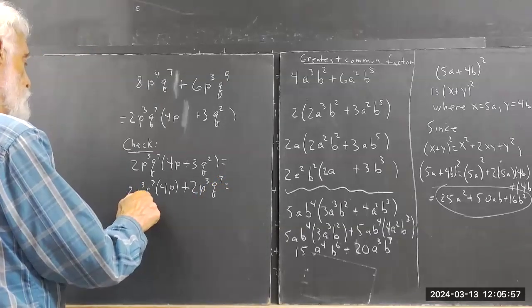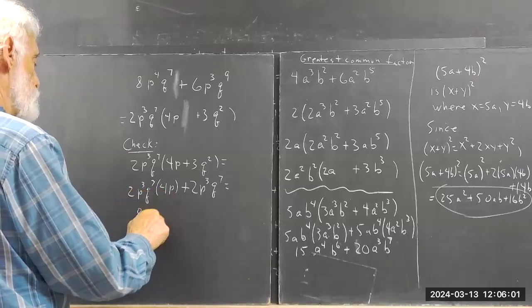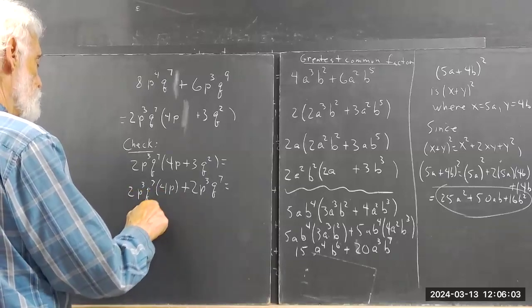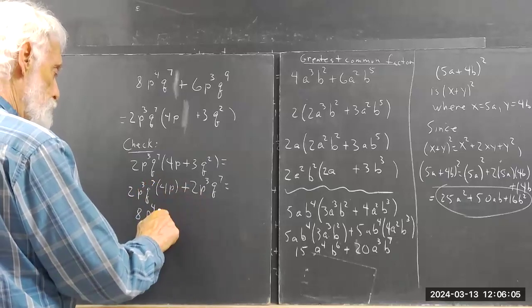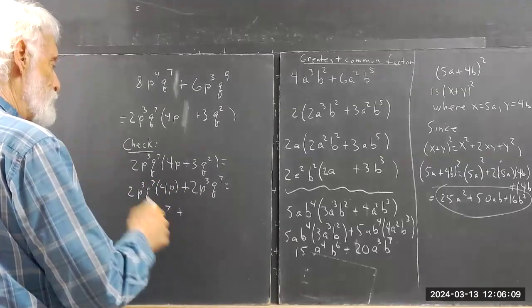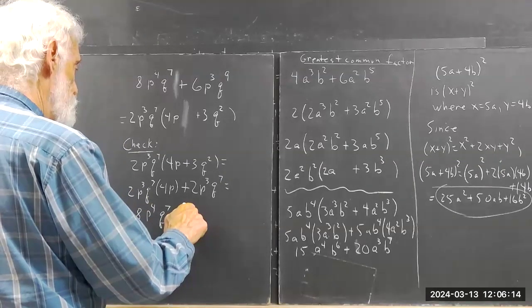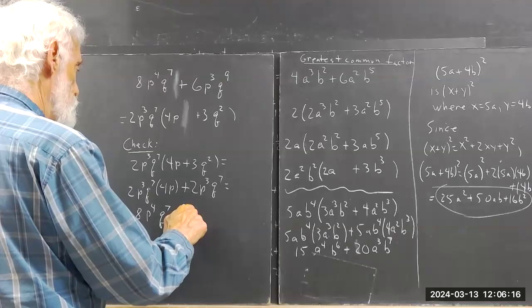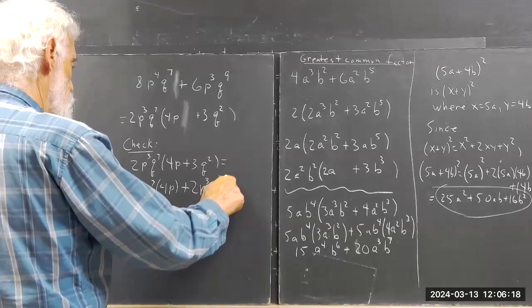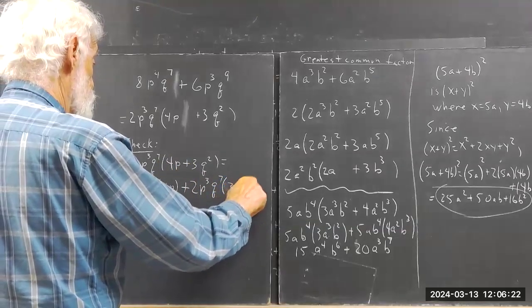And then 2 times 4 is 8. P cubed times P is P to the 4th. Q to the 7th, there's no Q over there, so we just end up with Q to the 7th. And then it's plus, I never did write this.